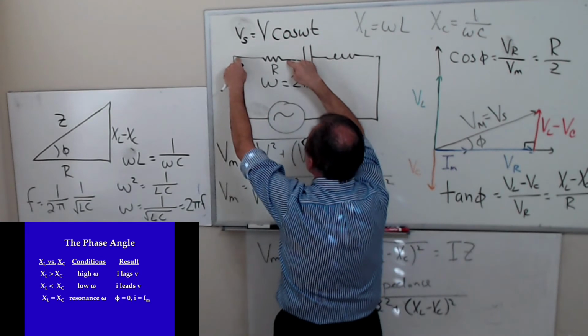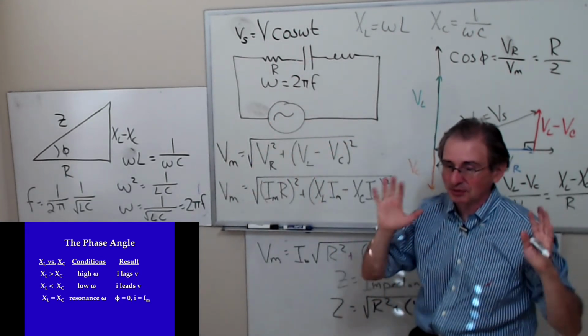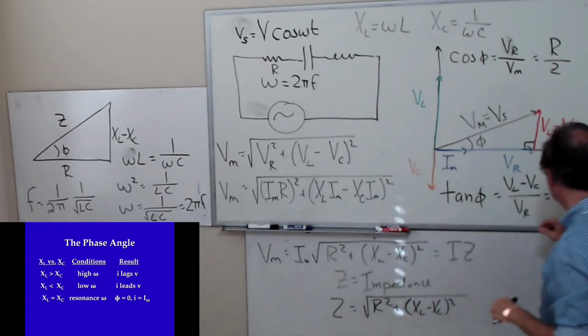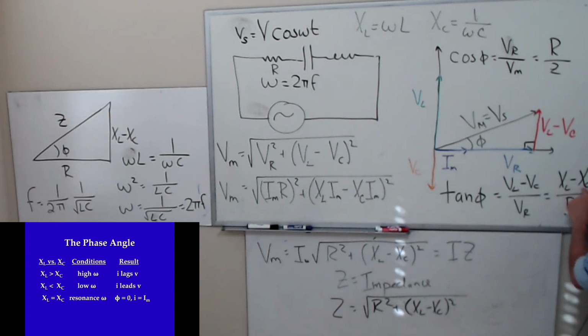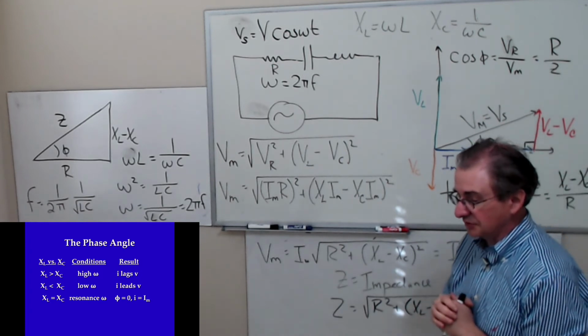The voltage across this guy will be the maximum power supply voltage, or the RMS voltage if you're using a multimeter. And if the difference between these two is 0, the phase shift will be 0. The current and voltage will be in phase.